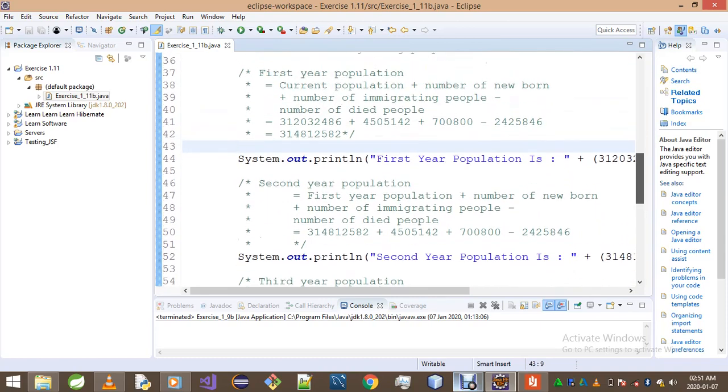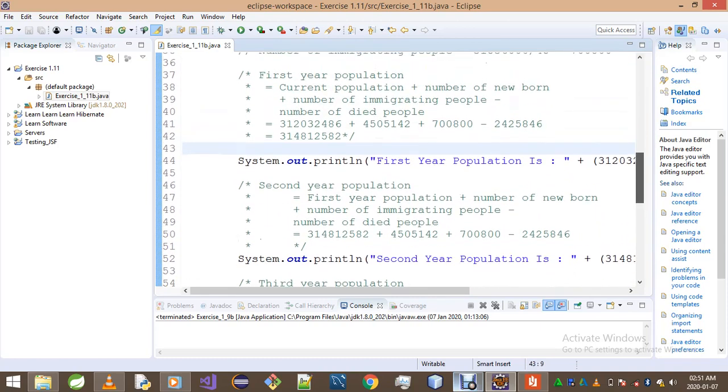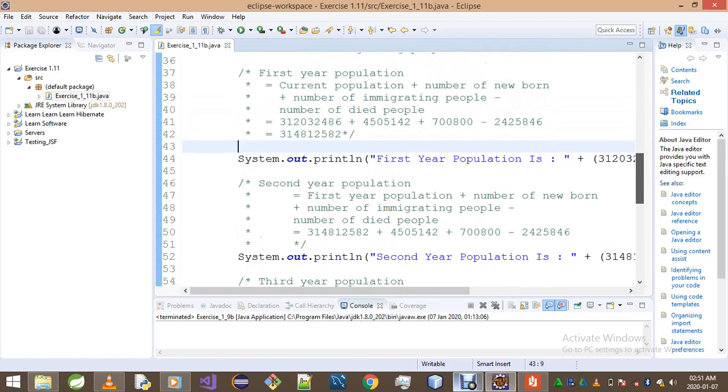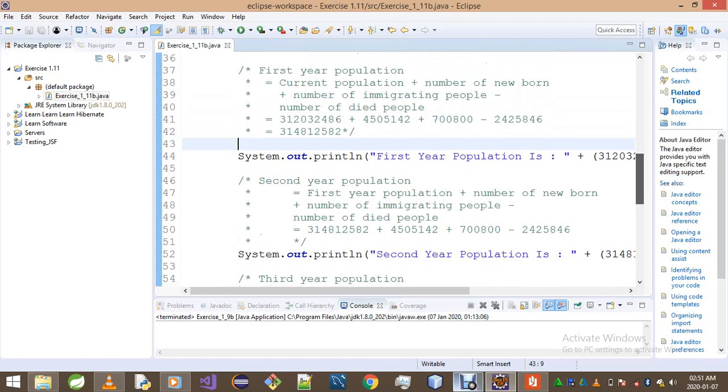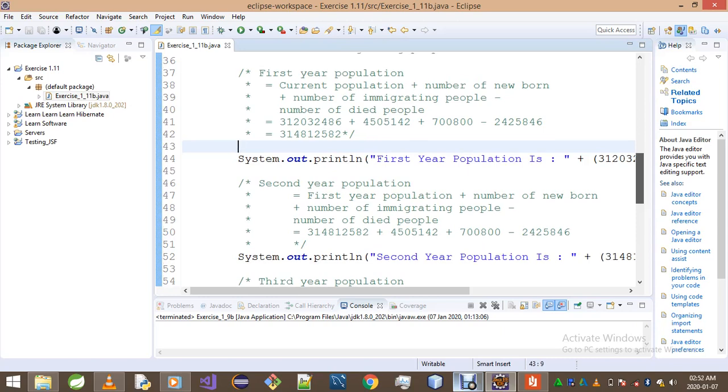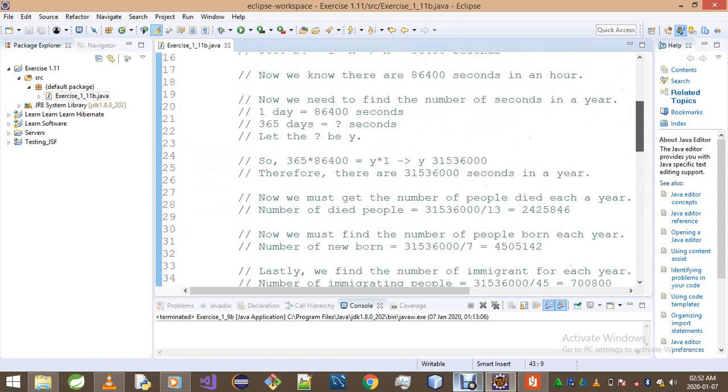You basically use the results of the previous year. For instance, on the first year you'll use the current population, on the second year you'll use the value for the first year population, and on the third year you'll use the value for the second year to find the final population, and so on and so forth.